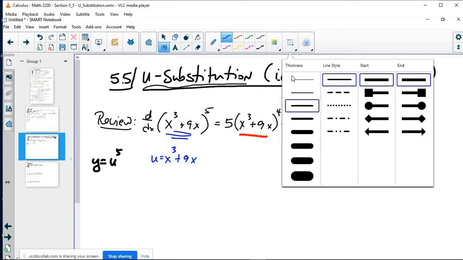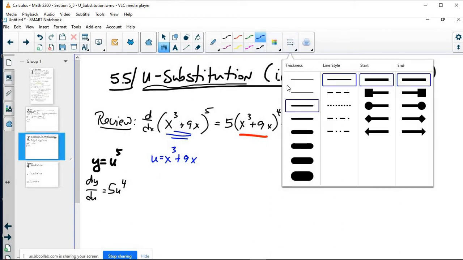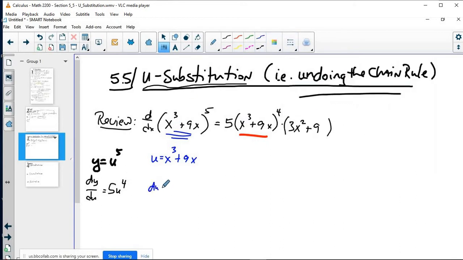If we wanted to take the derivative, we'd do dy over du, which is 5u to the fourth. And then du over dx, which is 3x squared plus 9. If this whole thing was y, you wanted to find dy dx.